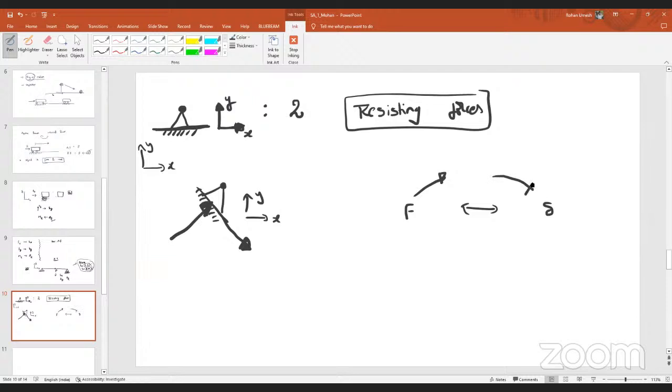Because of the application of forces, deflections are possible, isn't it? These are nothing but applied forces. If you externally apply forces, because of those external forces, deflections are possible. Then how about reaction forces? When will they develop? If you apply some forces externally, deflections happen.